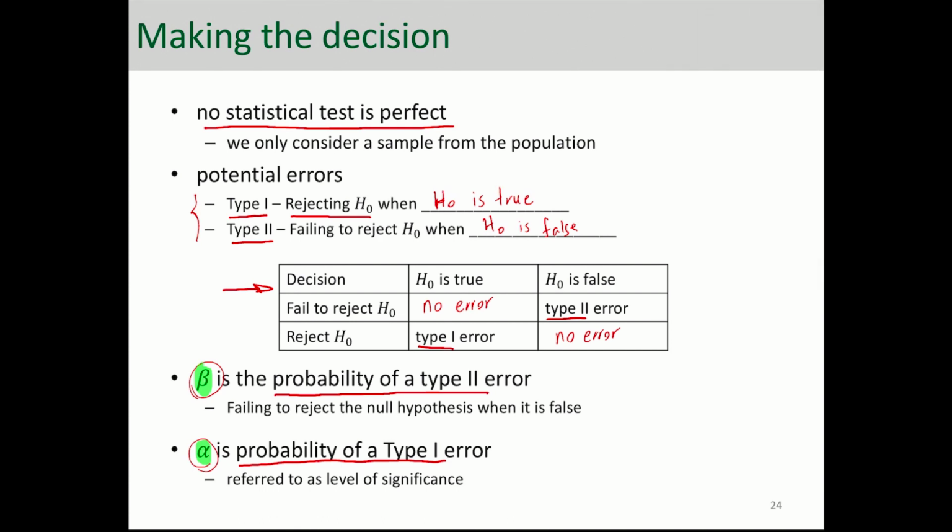Alpha is the probability of type 1 error, beta is the probability of type 2 error. Alpha is also referred to as the level of significance. The level of significance of our test is also called alpha, but all it is is the probability of type 1 error. So what was type 1 error? Rejecting H0 when H0 is true.